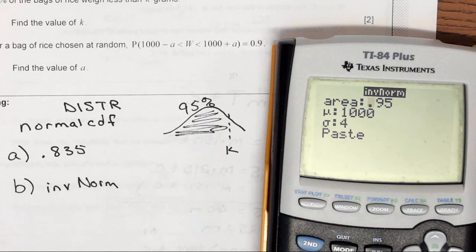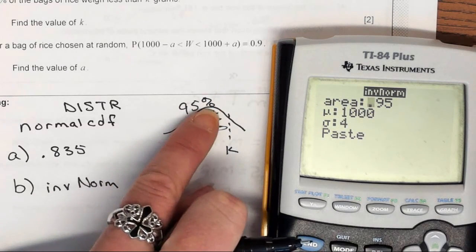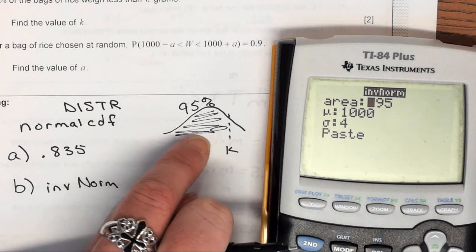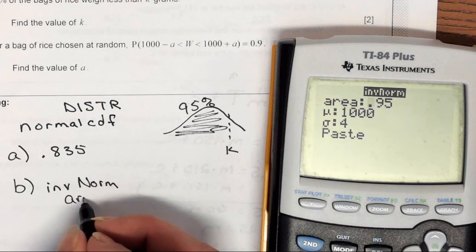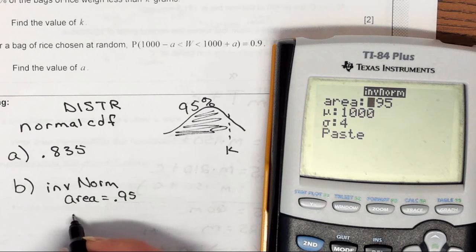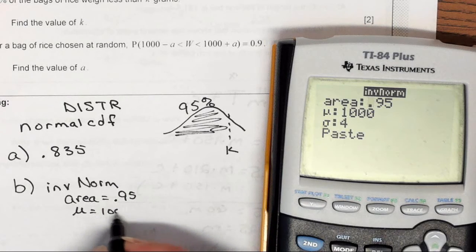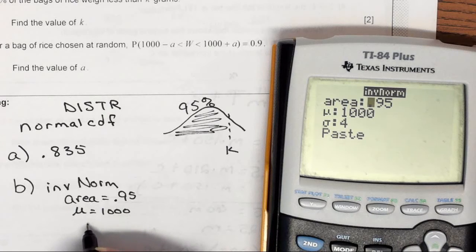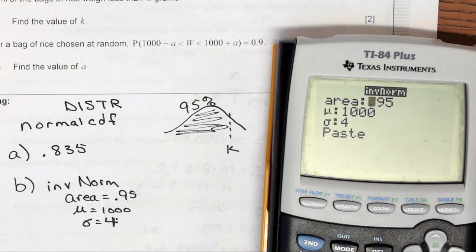The area is that 95% that's below that number. The mean is the same as it was. And this might be something I did to show my steps to the grader, so they could see where the mistake might have been.